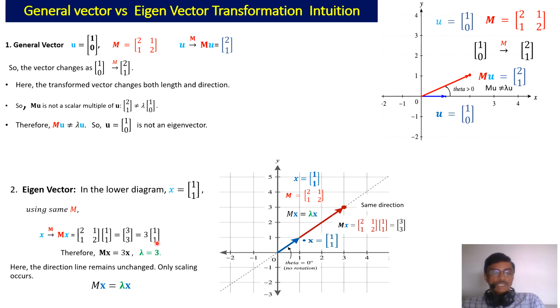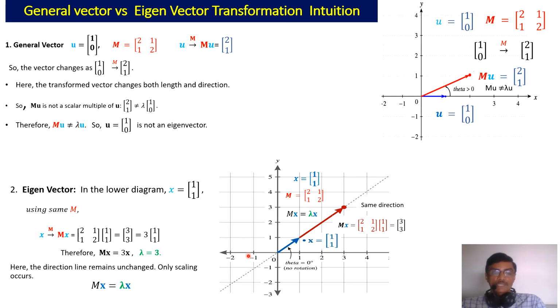But now you see here Mx, which is (3, 3), is equal to a scalar times the original input vector (1, 1). Therefore we can write Mx, the transformed vector, equals a scalar multiple of the input vector x. Here the scalar value, which is 3, is the eigenvalue, denoted as lambda, equal to 3.